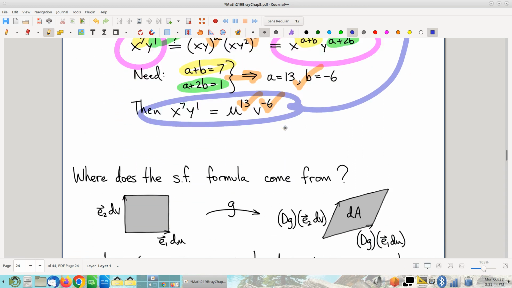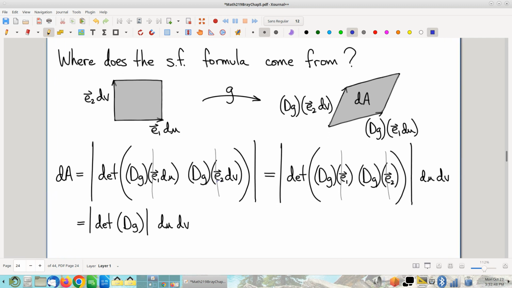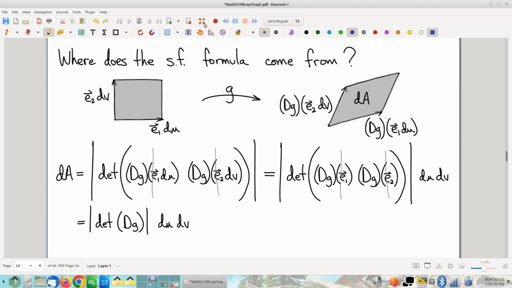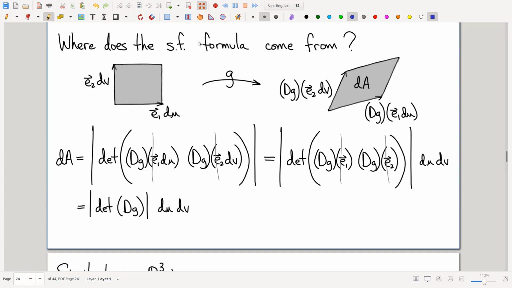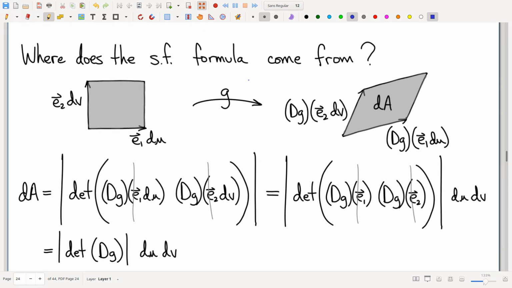Okay, so real quick, I want to go through a little bit of a discussion of where the stretching factor formula comes from. This would have been a natural thing to talk about when we first were writing down change of variables, right?